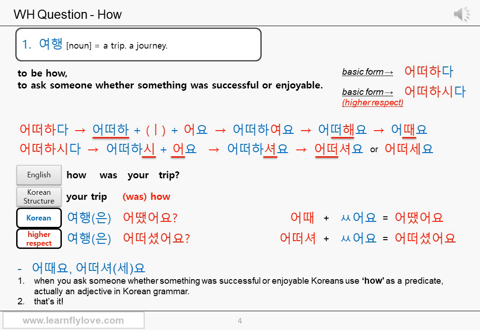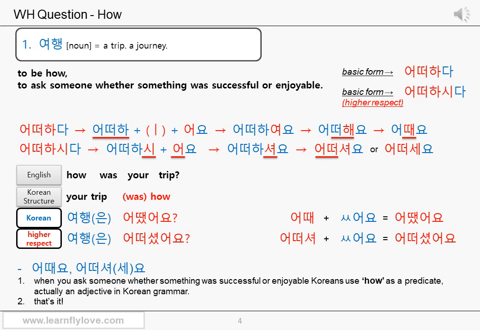So they got rid of the 하 sound and add only 셔요 or 세요 sound. So it becomes 어떠셔요 without 하 sound. 어떠셔요 or 어떠세요 would be fine too. 어떠세요 is used more commonly in real-life conversation, as you expected, but it's not conjugated based on the principle.